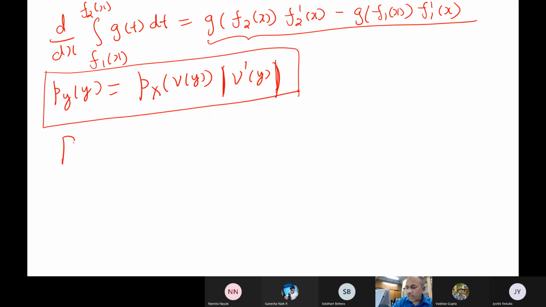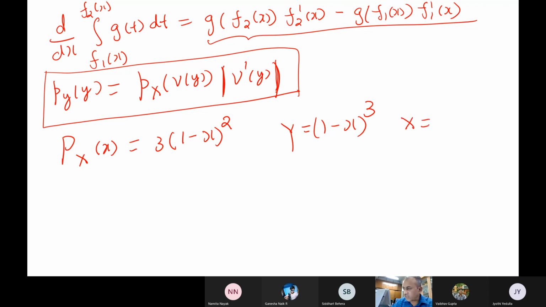Now to have clarity, let us see. I have a density function p_X(x) equal to 3 into (1 minus x) whole square, and y is given as (1 minus x) whole cube. If you try to reverse it, x becomes (1 minus y) to the power of 1 by 3. Now what will be p_Y(y)? Sorry, this is p_X(x), the density only.